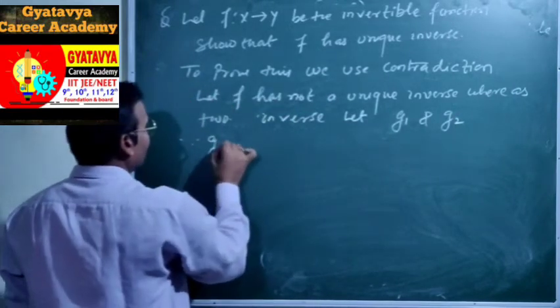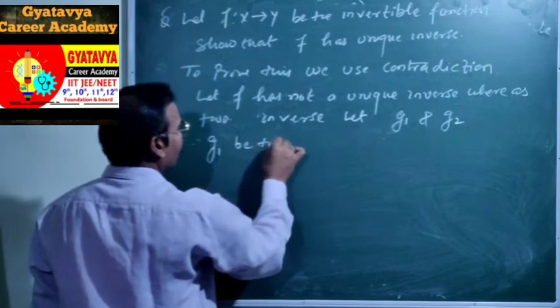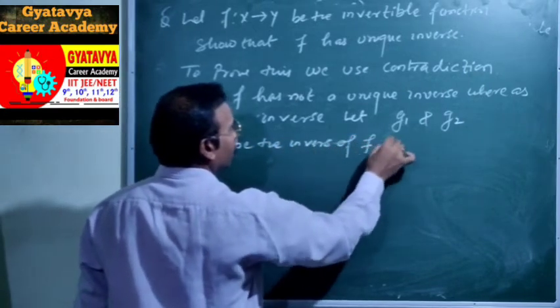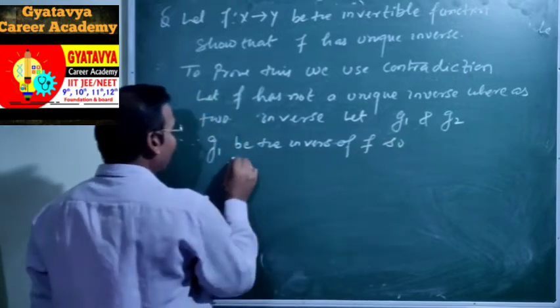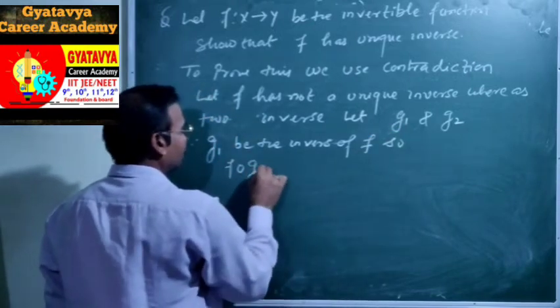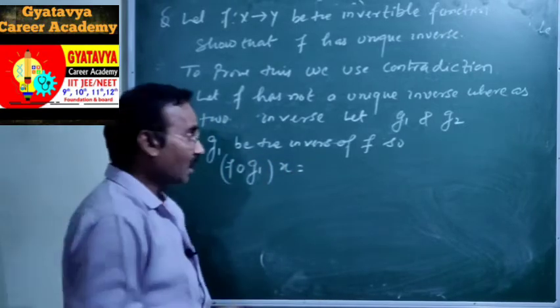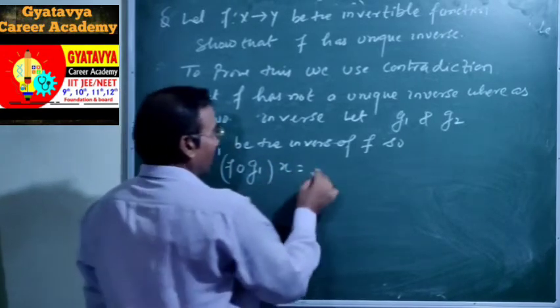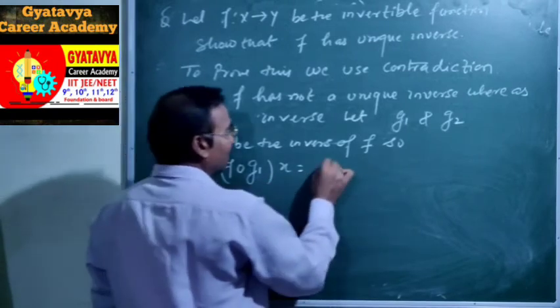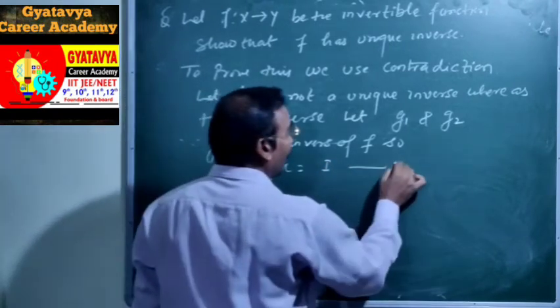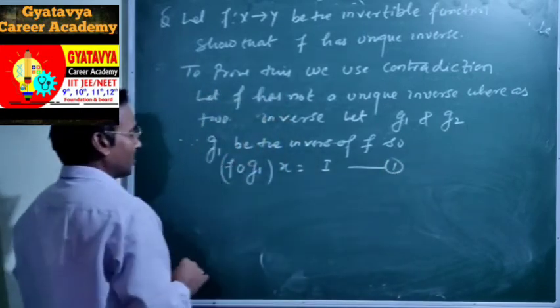Since g1 is the inverse of f, what will be f of g1? Earlier I have proved that f of g1 should be I, the identity function, because f is given as an invertible function.